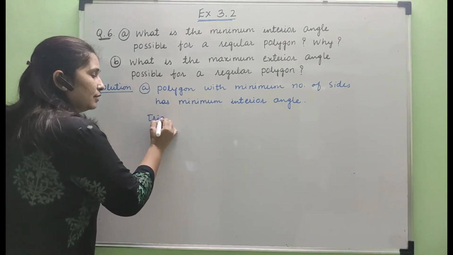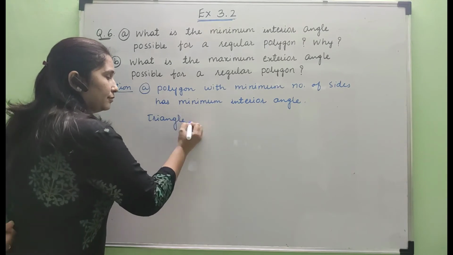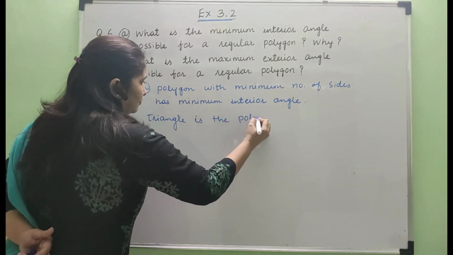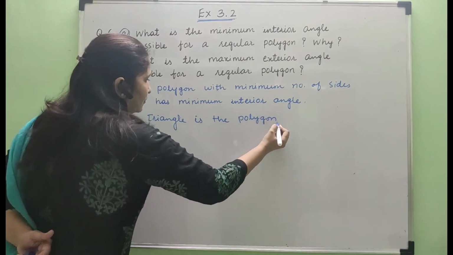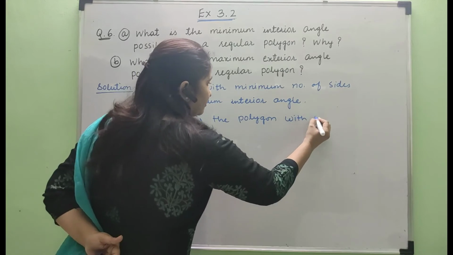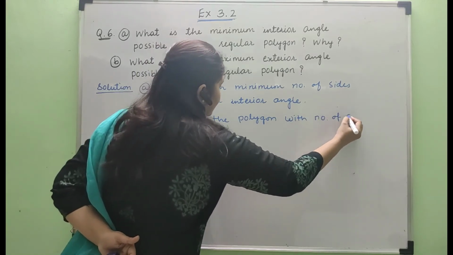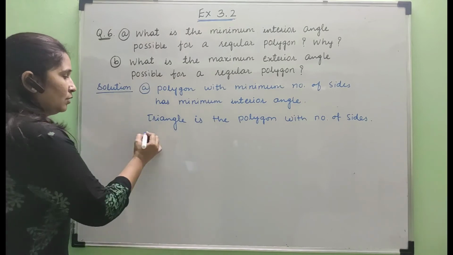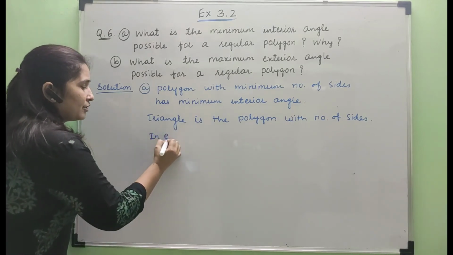Triangle is the polygon with minimum number of sides, equilateral triangle.